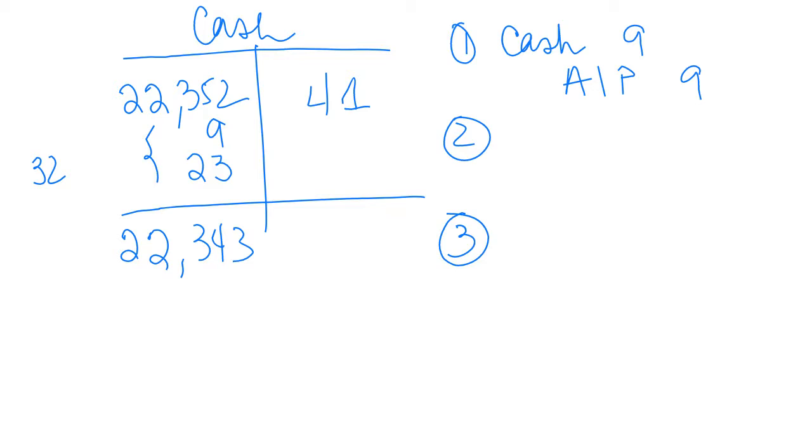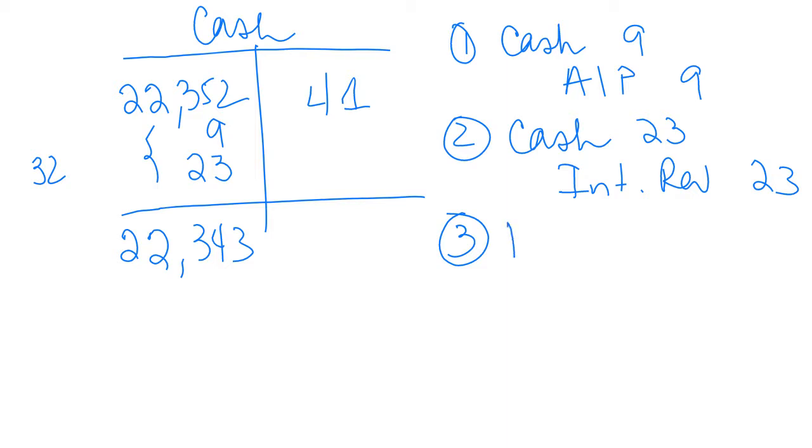For the second item, the $23 interest earned, we need to debit cash $23 and credit interest revenue $23. And for the last item, the $41 bank service charges, we will debit some kind of a bank fee expense account, $41, and credit cash, $41.